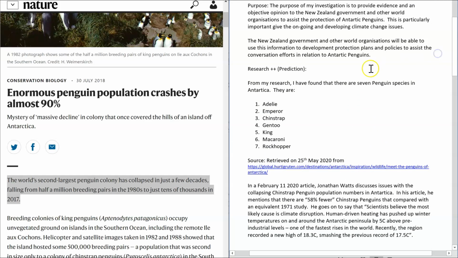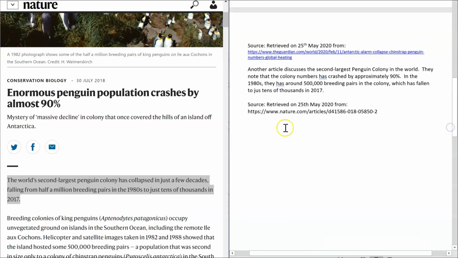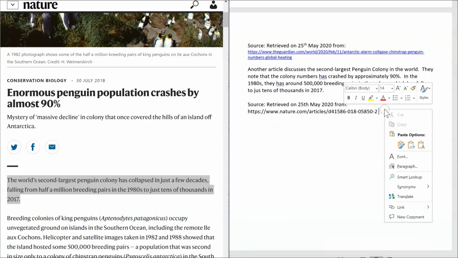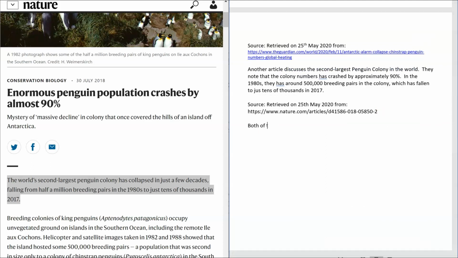The next thing that I wanted to do is I just want to wrap up my thing with my prediction. Both of the above articles suggest a huge decline in penguin population numbers.